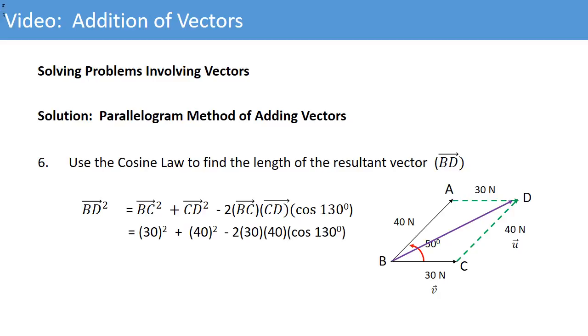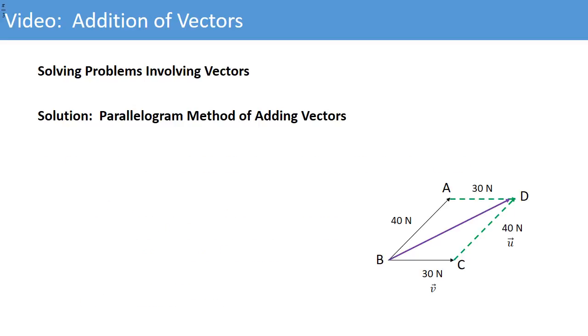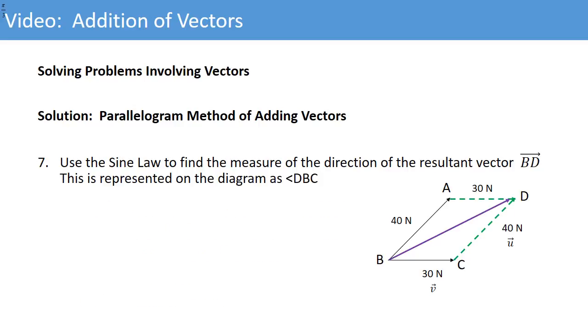So if we substitute in the values, we get vector BD being 63.6. From there, we need to determine the angle DBC. To do this, we can use the sine law.